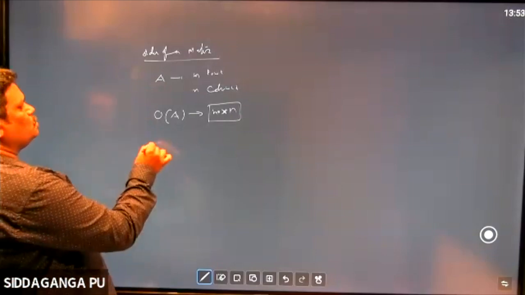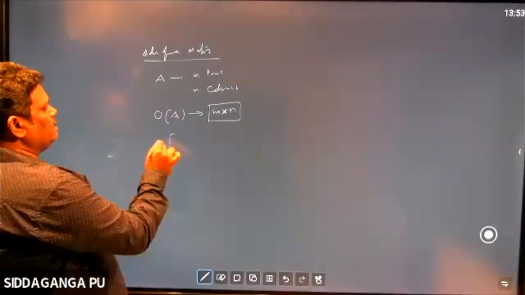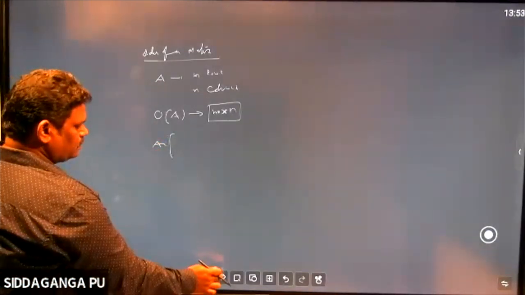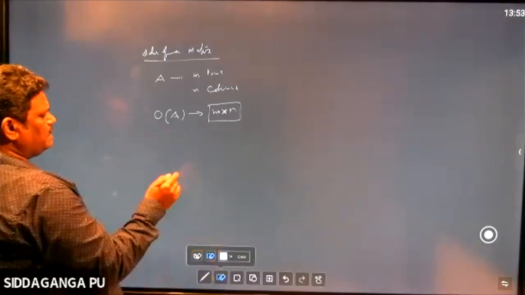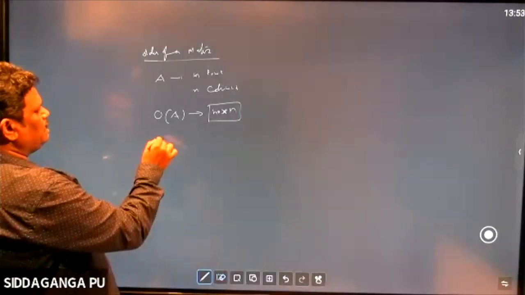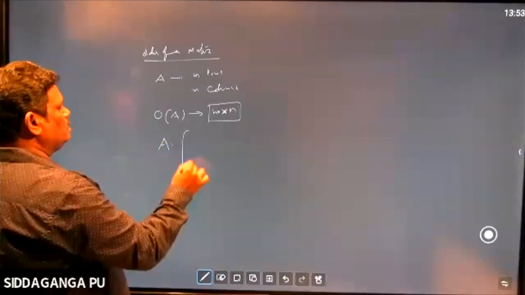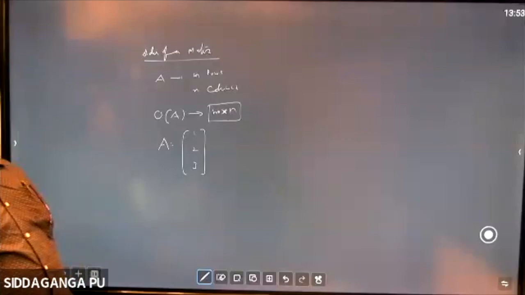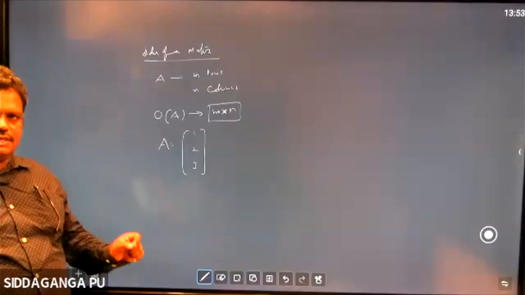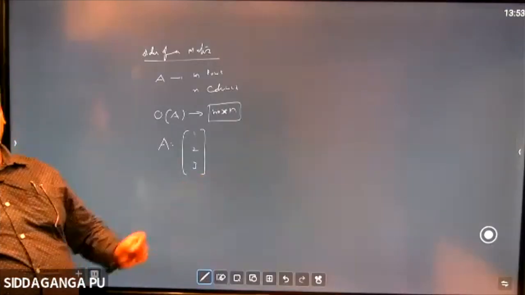For example, we can choose A equal to the matrix with entries 1, 2, 3. Now what is the order of this matrix? We already discussed how to calculate rows and columns.